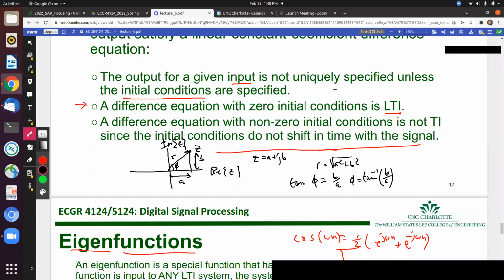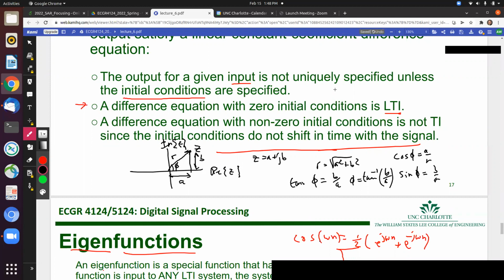Well, what if we wanted to just talk about this real part here? Well, what's cosine of phi? It's a over r, right? What's sine of phi? That's b over r, right?